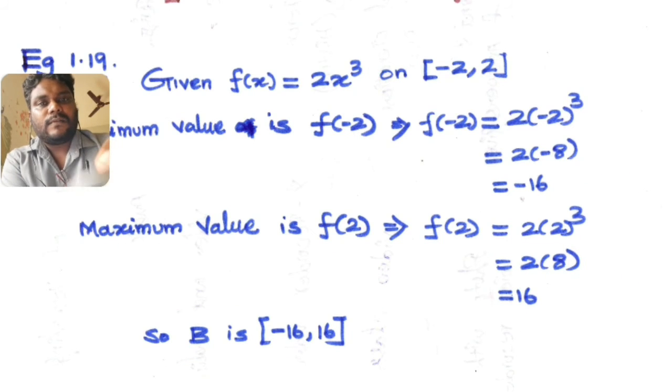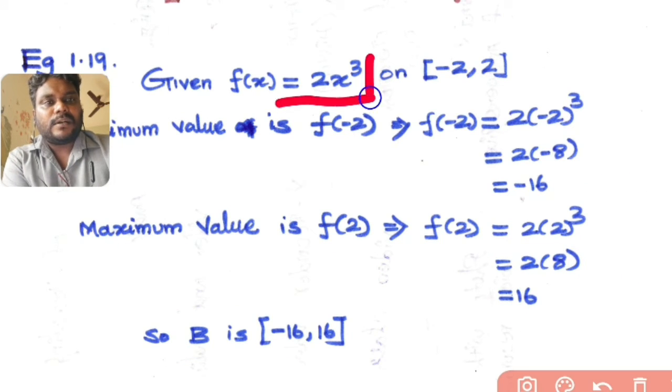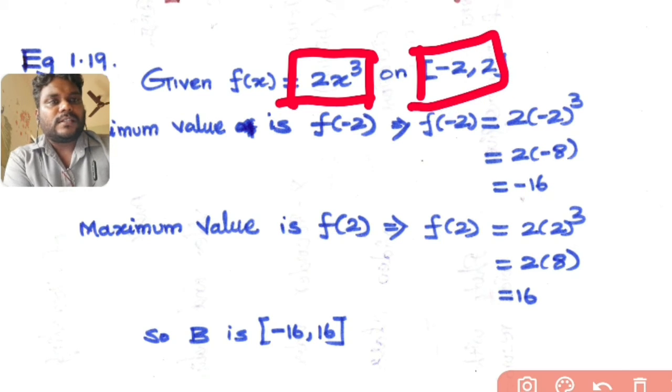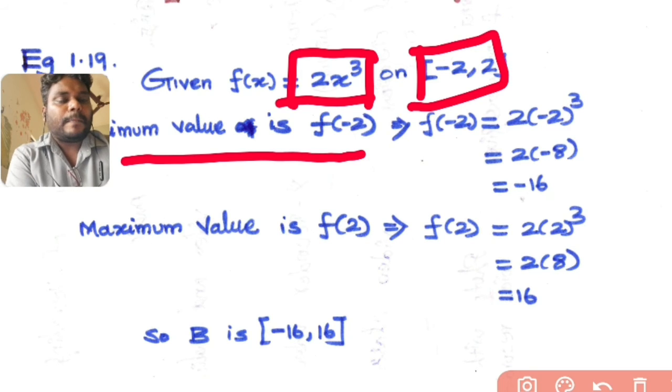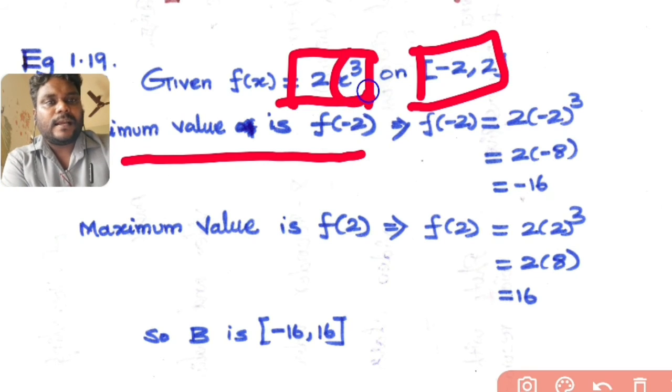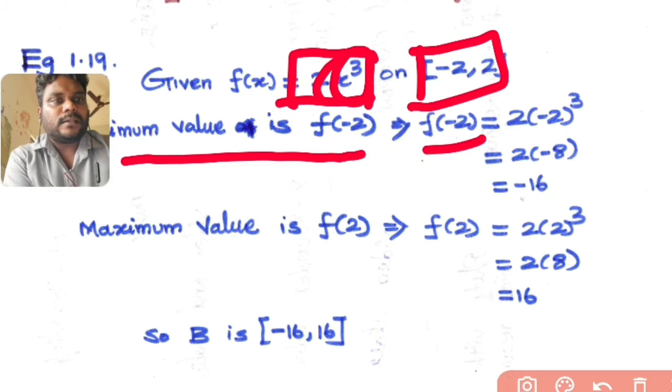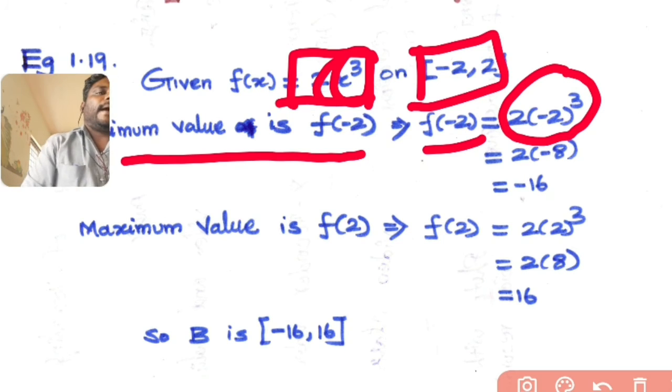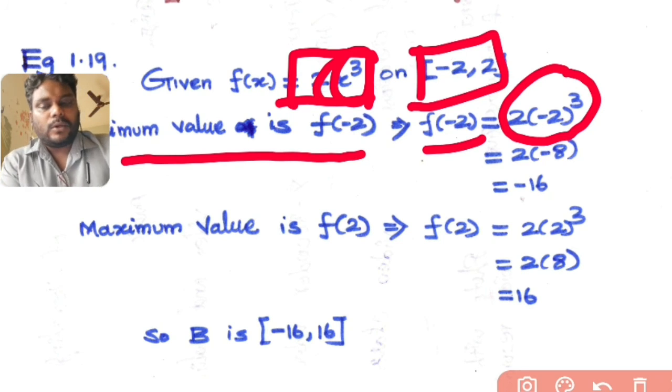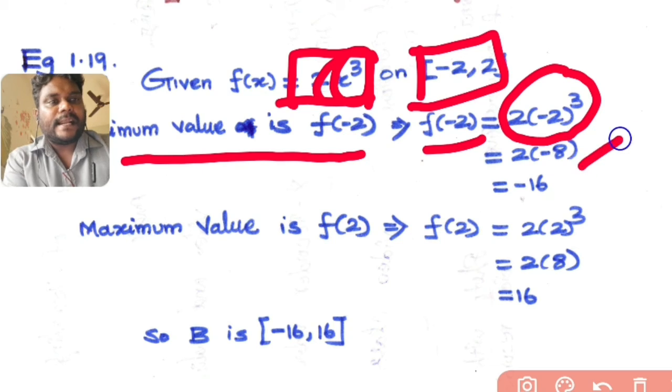I repeat, given that f of x equal to 2x cube in the limit -2 to 2, first we find the minimum value, f of -2. We replace the x value as -2 in f of x. So f of -2 equal to 2 into -2 cube, and -2 cube is -8, so 2 into -8 is -16.